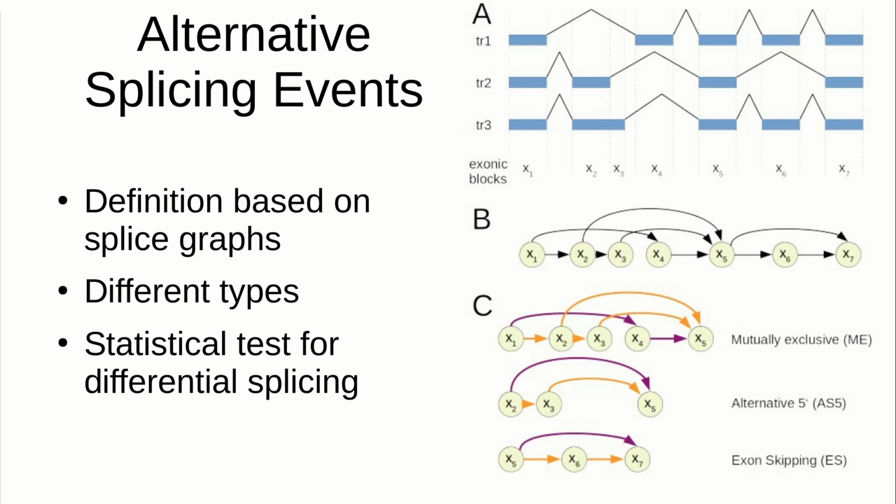By searching for specific substructures in the graph, alternative splicing events can be found and then classified into exon skipping, 5' alternative splicing, 3' alternative splicing, mutually exclusive, and intron retention events. And then they can be quantified with a percent spliced index. There's also a statistical test for differential splicing between groups of samples.